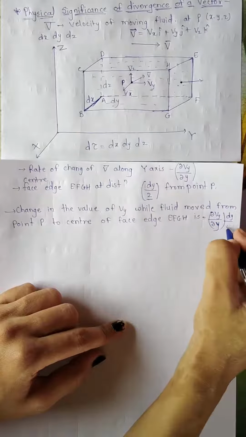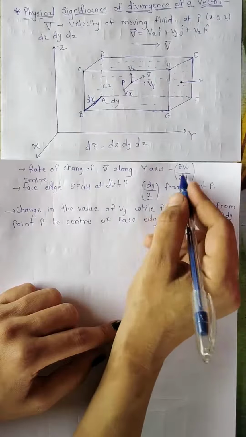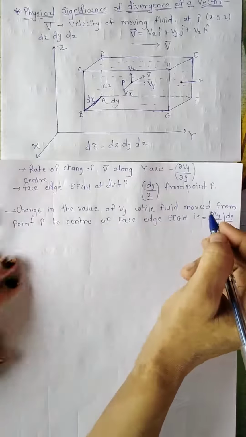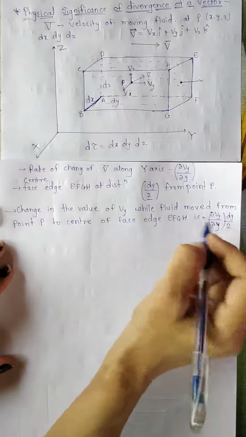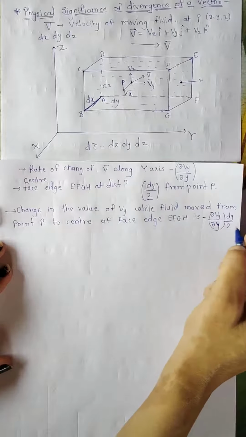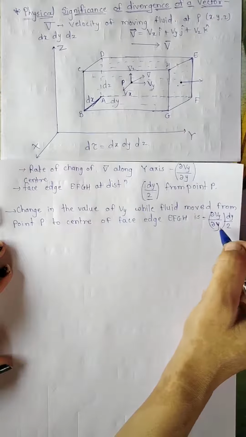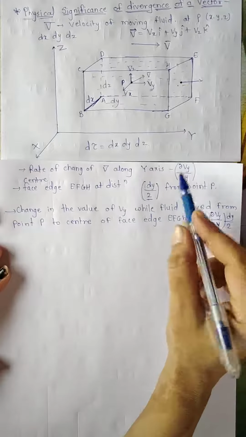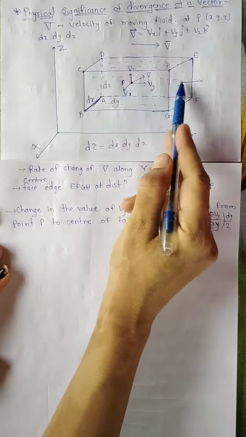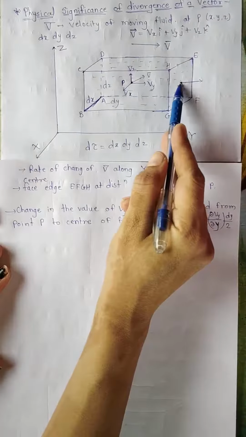The product of these two quantities gives us the change in the value of Vy when the fluid moves from point P to the center of the face.